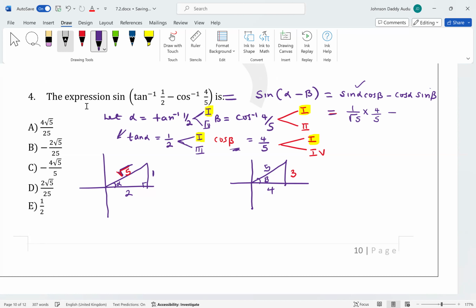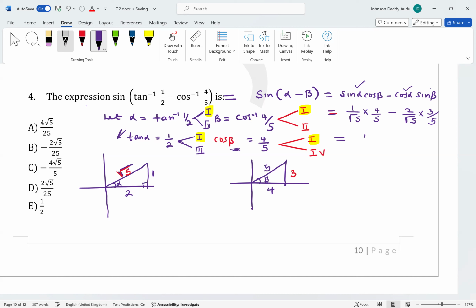Then minus cosine alpha. We have to go back here to alpha. Cosine alpha will be adjacent over hypotenuse, which is 2 over root 5. Then sine beta. Sine beta is opposite over hypotenuse, which is 3 over 5.